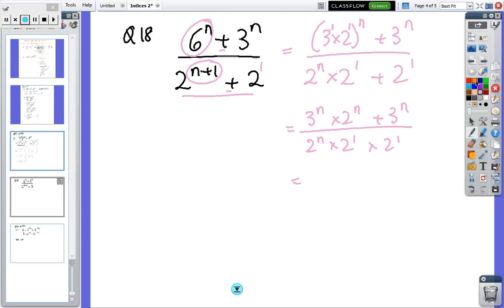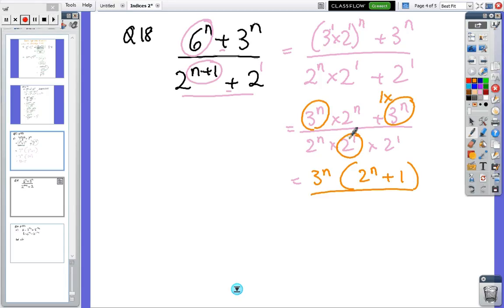Now we can factorise. So on the top, 3 to the n is common. Open bracket, 2 to the n plus 1, because I have to leave something behind. On the bottom, 2 is common, 2 to the 1, leaving behind 2 to the n. That's a plus sign there, sorry.